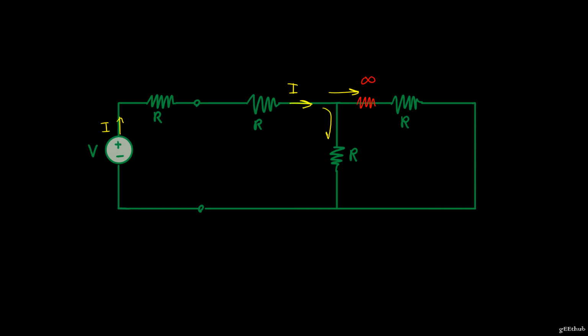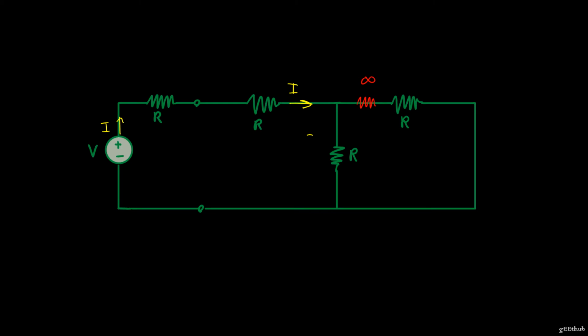So we know that where there's an infinite resistance, there is no current. So current will completely ignore this path and it will go through our resistor down here. So our new circuit will look something like this, where we can now ignore the part of the circuit that's been opened and analyze this circuit alone.